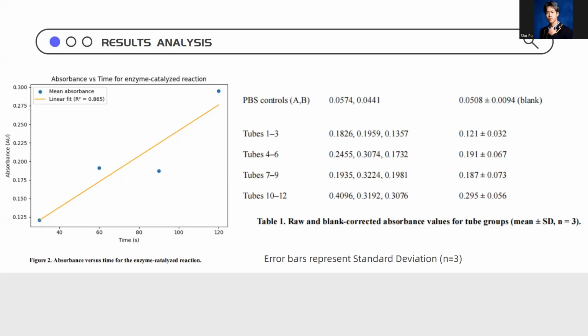The R-squared value is 0.865, which indicates a strong linear relationship. The data tell us a clear story. In an environment like the small intestine, the lactase enzyme is highly active and stable. It works exactly as intended.